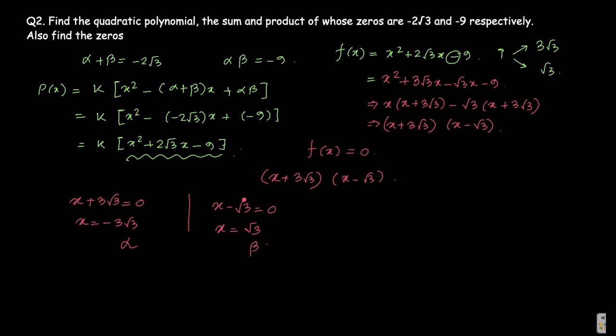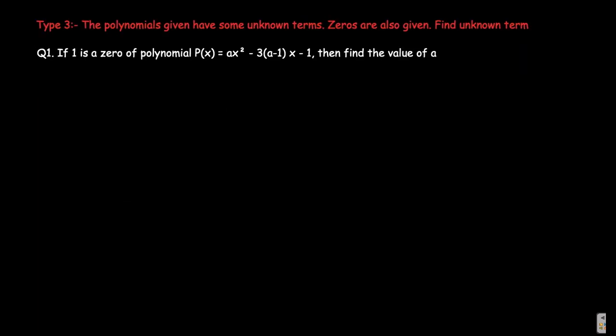So go to the next, type 3. The polynomial given has some unknown terms, and zeros are also given. Find the unknown term, meaning the polynomial is not an exact simple polynomial. There is some term which is not known to us. We have to find that term, put it in, and make it a real polynomial.